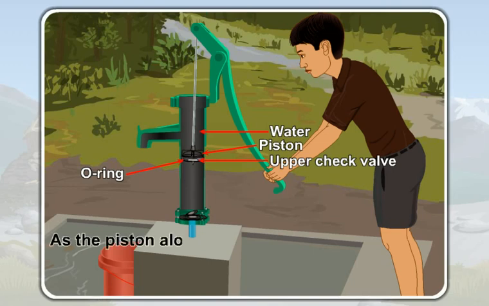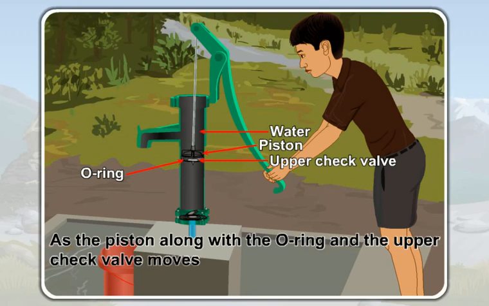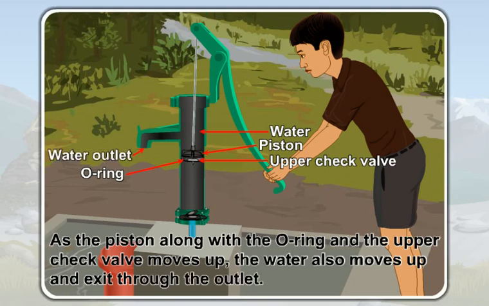As the piston along with the O-ring and the upper check valve moves up, the water also moves up and exits through the outlet. At the same time, the air pressure below the piston decreases or a partial vacuum is created.